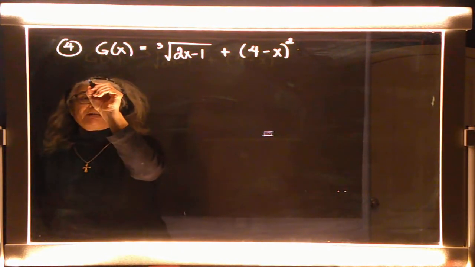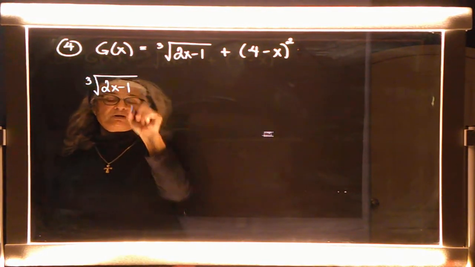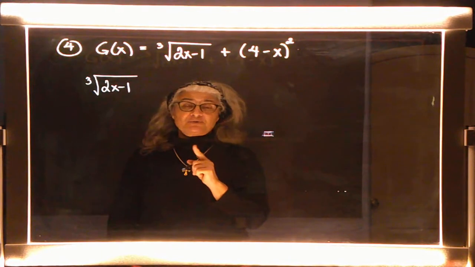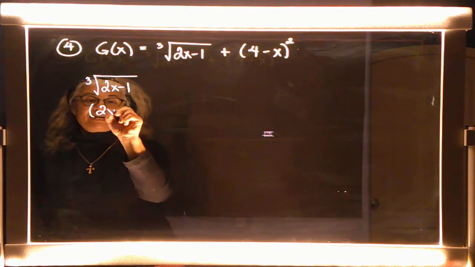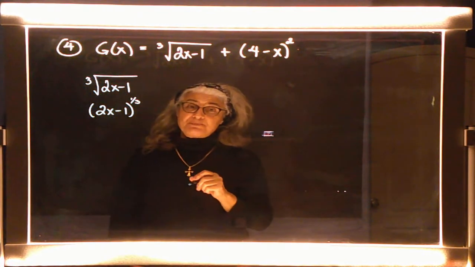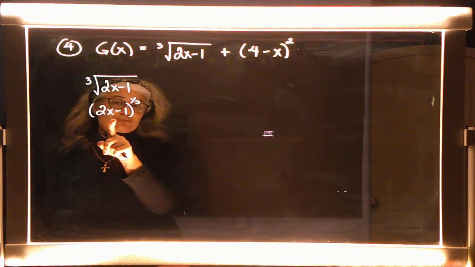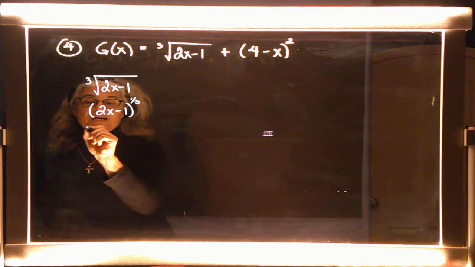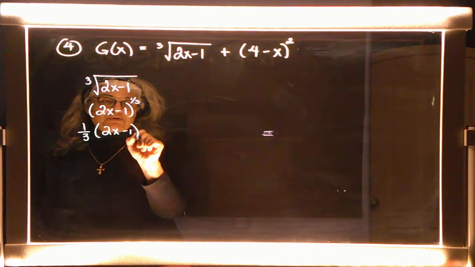So if we look at the cubed root of 2x minus 1, remember, there's another way of writing the cubed root, and that is writing it as a power. And when I write it as a power, it's going to make things a whole lot easier. So as I take the derivative of this, the power comes down. We reduce the power by 1.